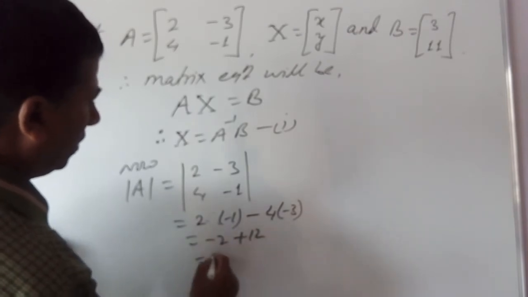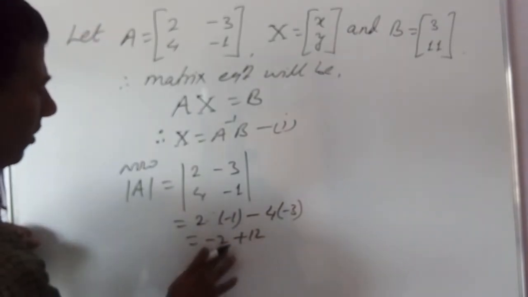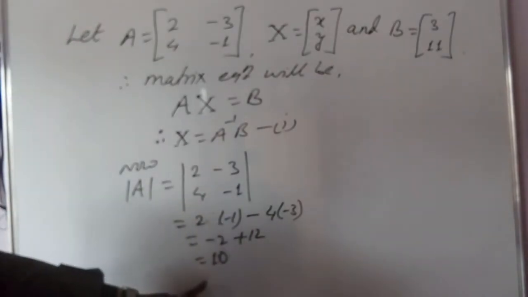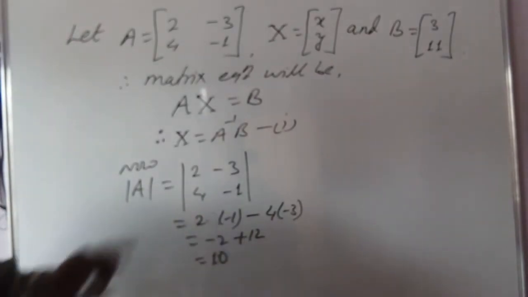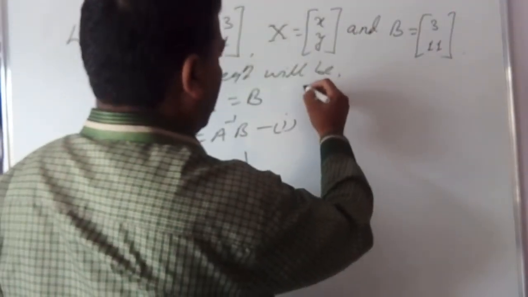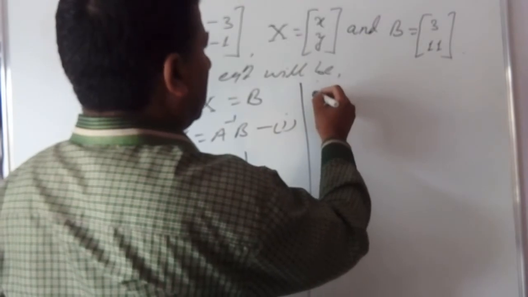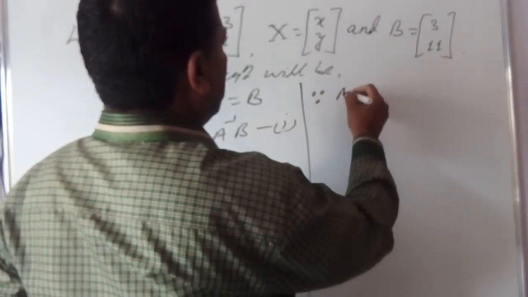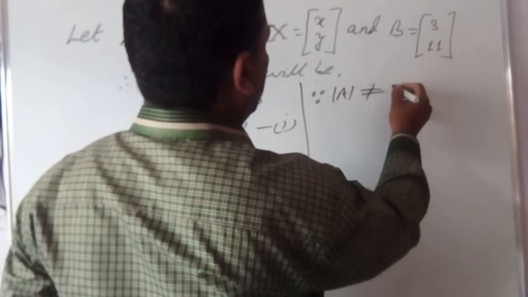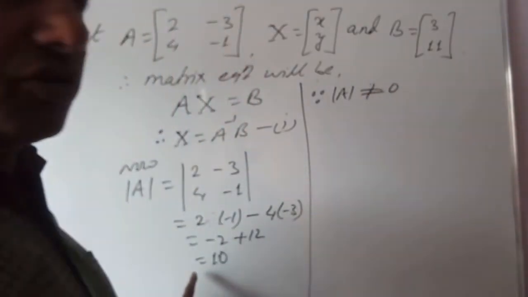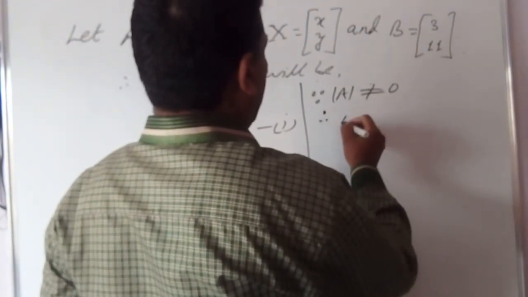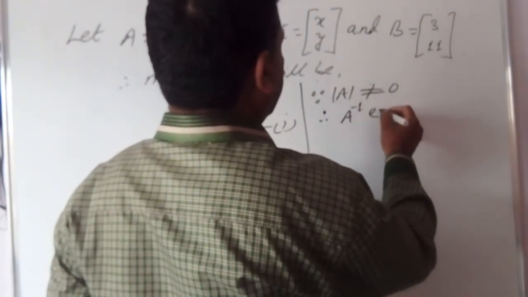This equals 10. What did we find? The determinant of matrix A is 10. Since the determinant is not equal to 0, therefore A inverse exists.